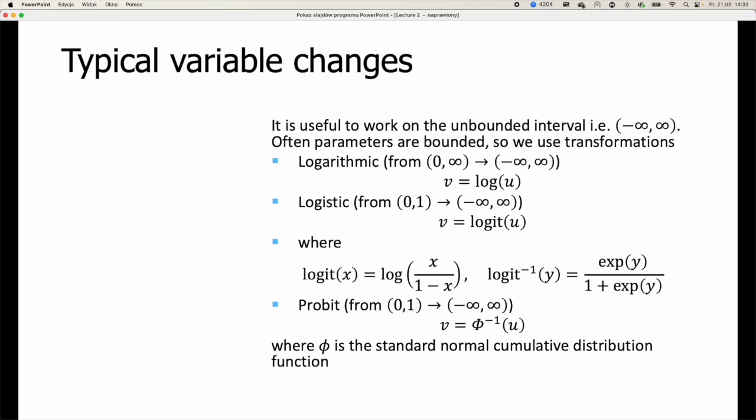However, variable changes are something that we use very often because sometimes we just have variables that are constrained, and it's much easier to introduce a continuous, smooth variable change than to introduce hard constraints. Because, as I mentioned, we will be solving implicitly some differential equations. And differential equations, when they hit a wall, have problems.